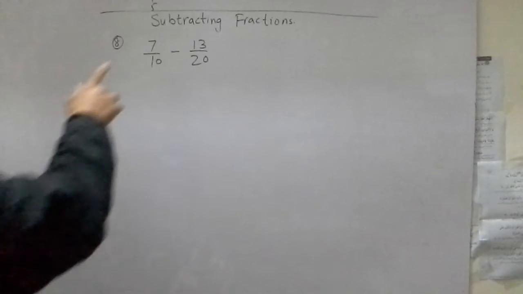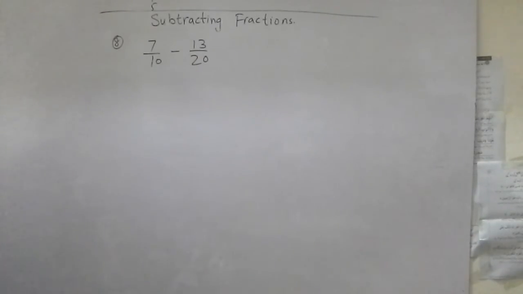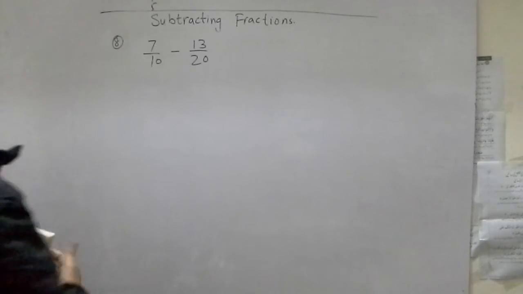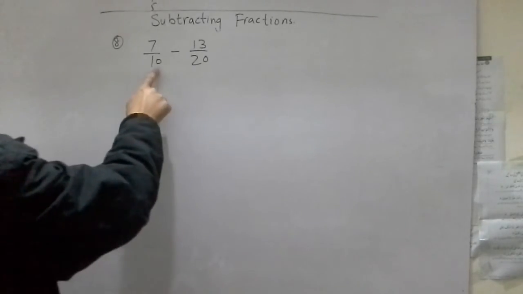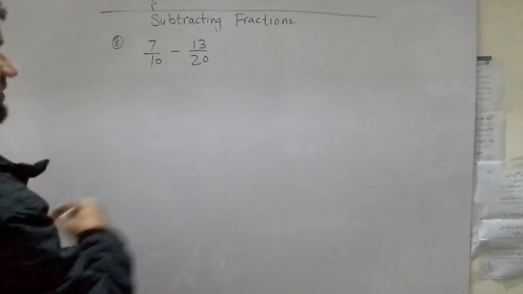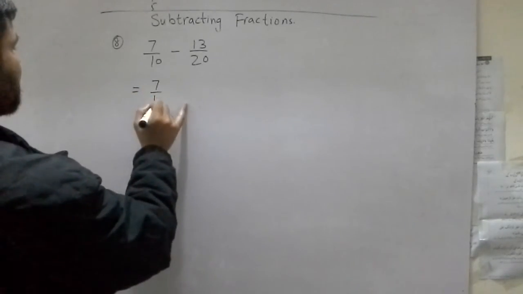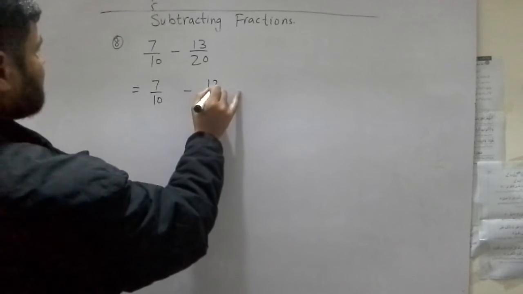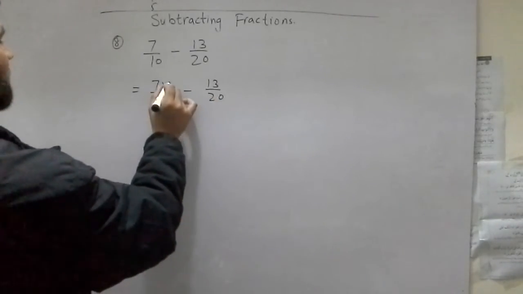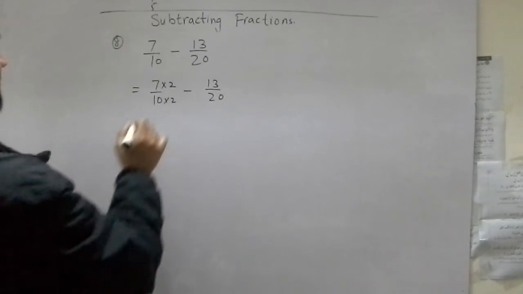Question number 8, 7 over 10 minus 13 over 20. For subtracting two fractions, our denominators must be the same. So if you simply multiply this 10 with 2, we can get 20, so our denominators will be the same. So 7 over 10 minus 13 over 20, just simply times this 10 with 2 and the numerator as well with 2.